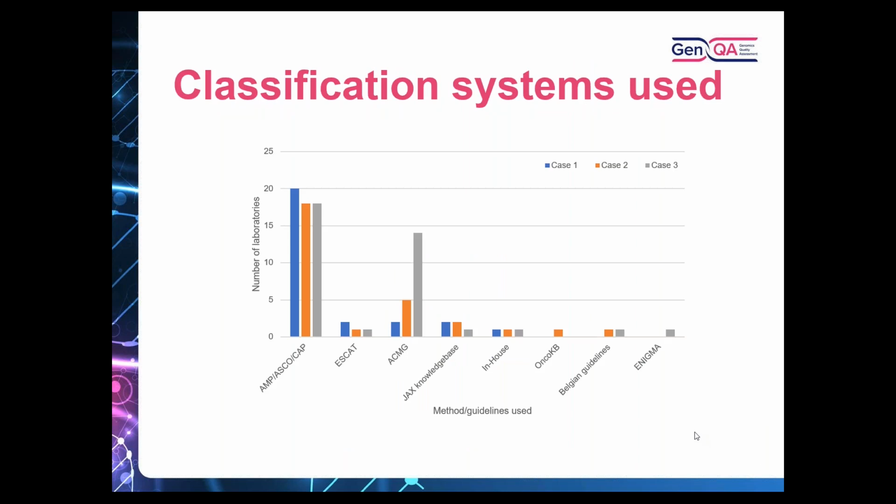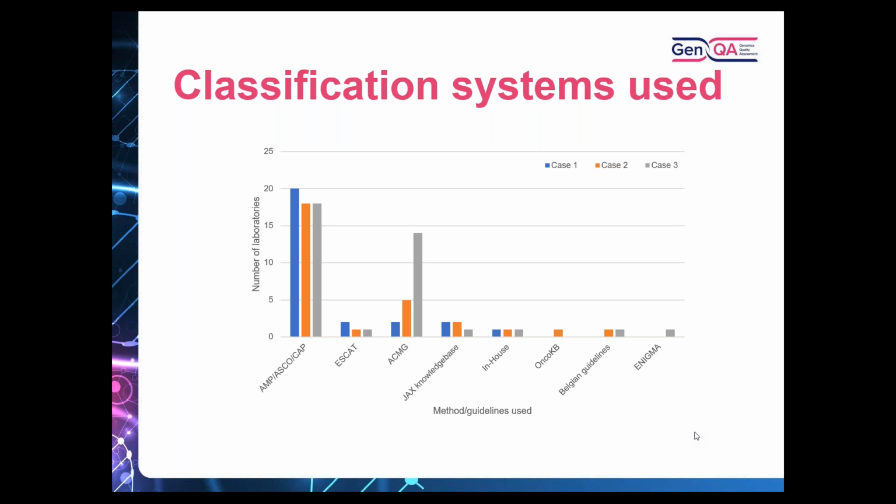As I mentioned, there's been quite a wide variety of different classification systems used. The most common classification used for all three cases is the AMP, ASCO, CAP guidelines. A small number of participants used SCAT guidelines. For cases 1 and 2, there were relatively small numbers using the ACMG guidelines, but they were used more in case 3, not surprisingly, because we know that BRCA variants can also be classified according to germline guidelines.